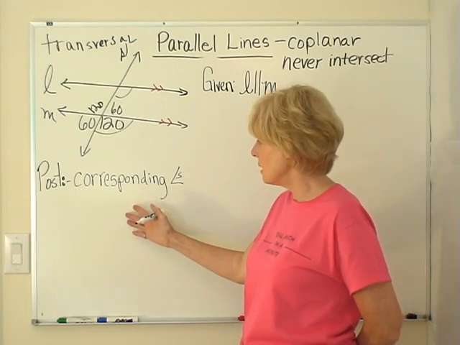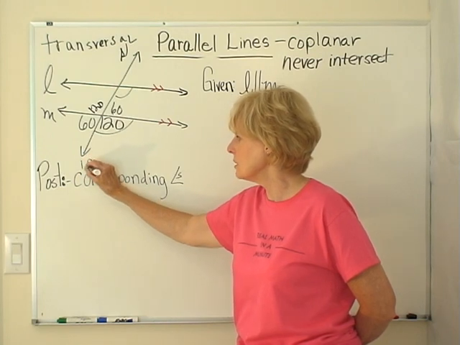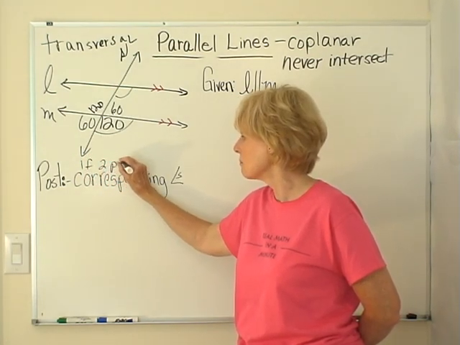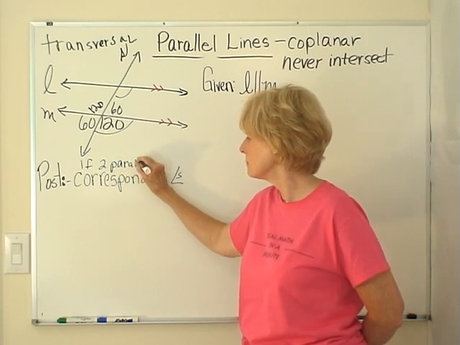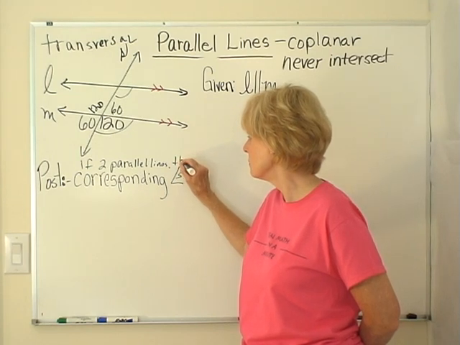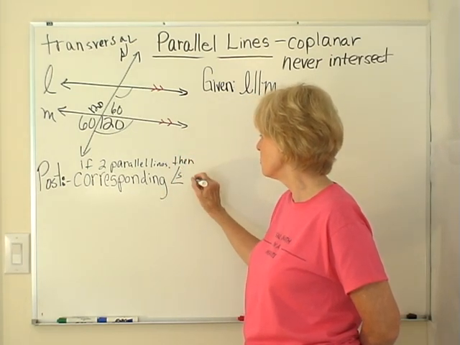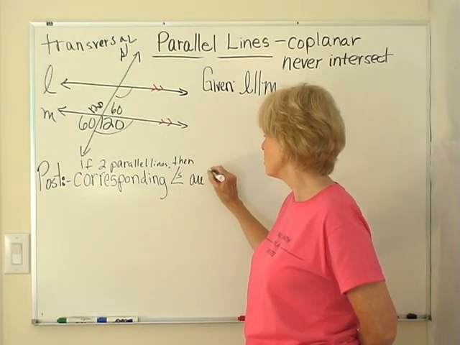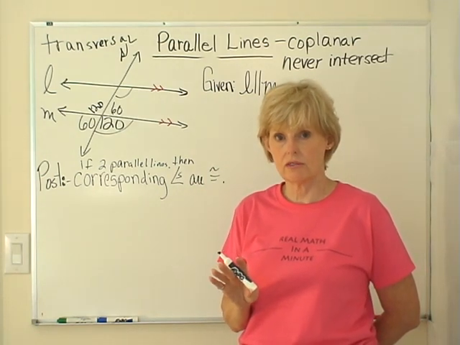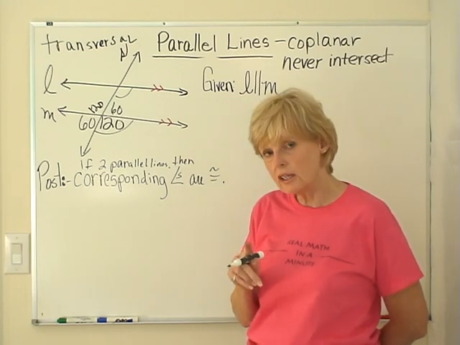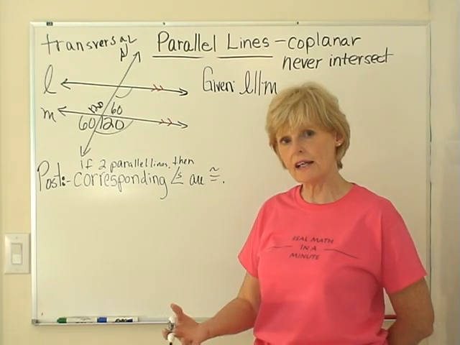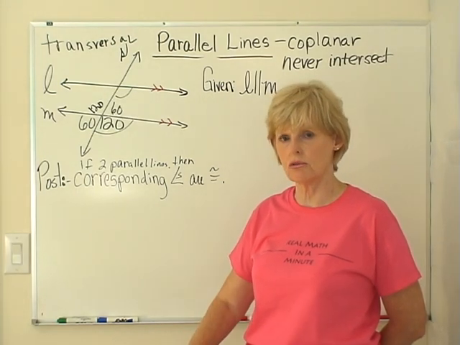And it says that if, and that's a big if now, if you have two parallel lines, then corresponding angles are congruent. If you have two parallel lines cut by a transversal, then your corresponding angles are congruent. So that's a fact that is given to us to use.